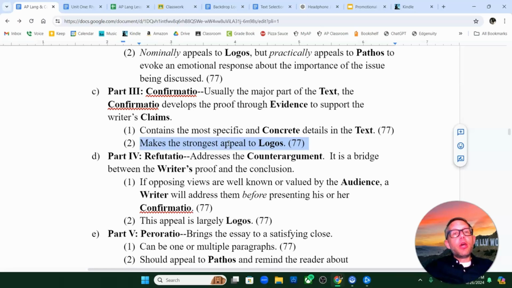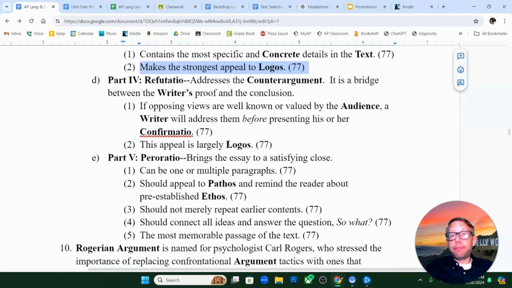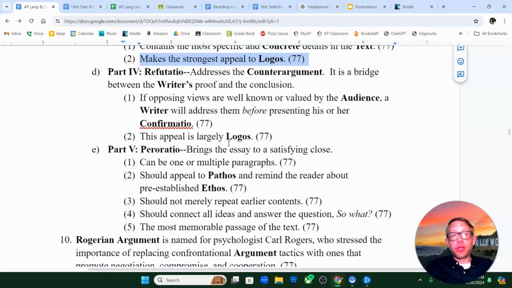Okay, so keep in mind, we dipped into pathos in part 2. Ethos was very much a component of part 1. But we're really in part 3 saying logos. It's all about logos at this point in time, okay? And if we've established the good pathos and ethos thus far, then the logos is going to naturally be accepted by our audience, okay? Part 4 is one that sort of piggybacks off of what we talked about in the recent past, refutatio, okay?